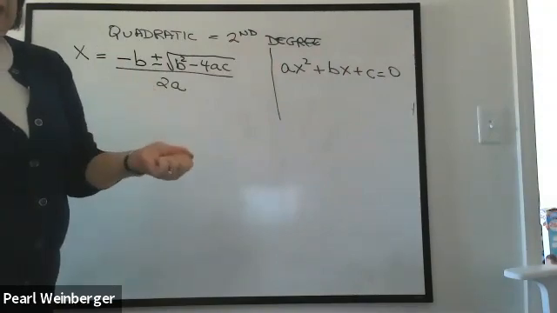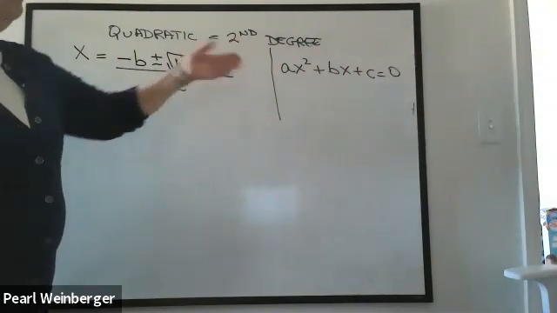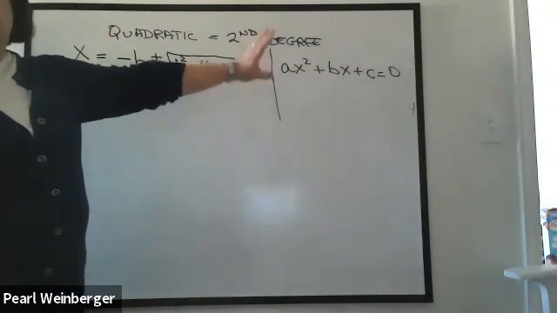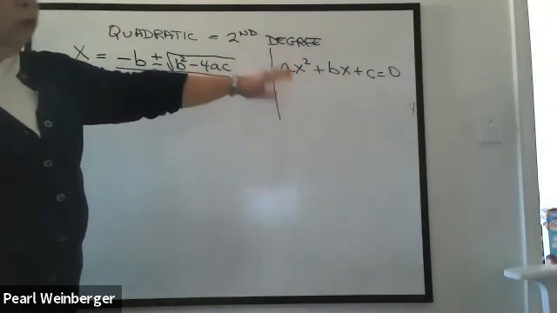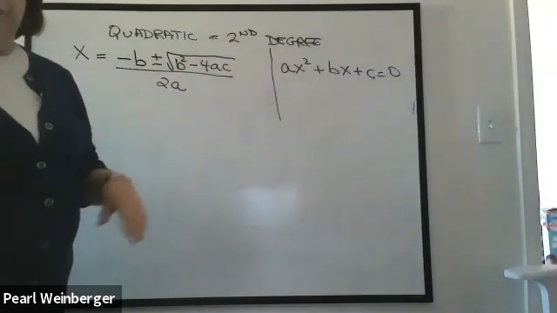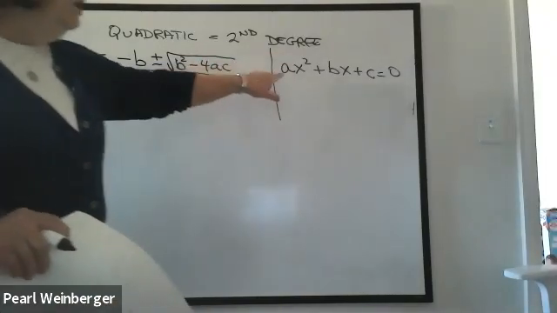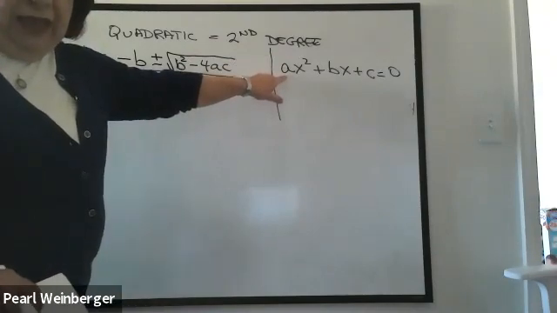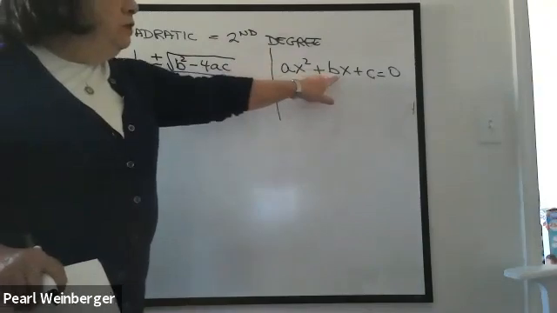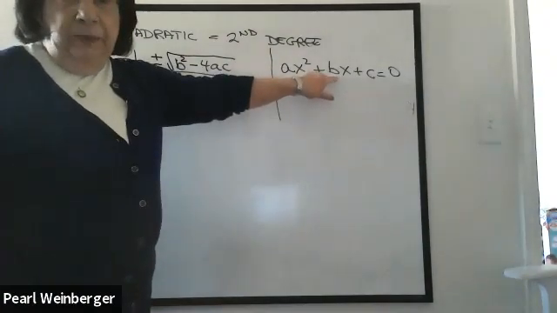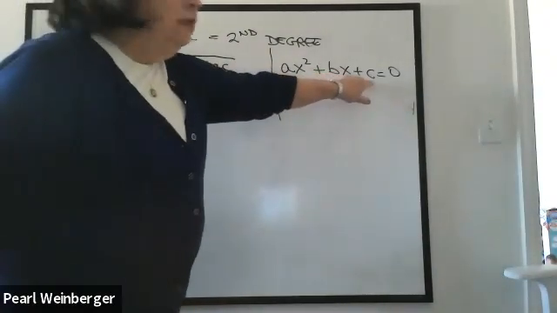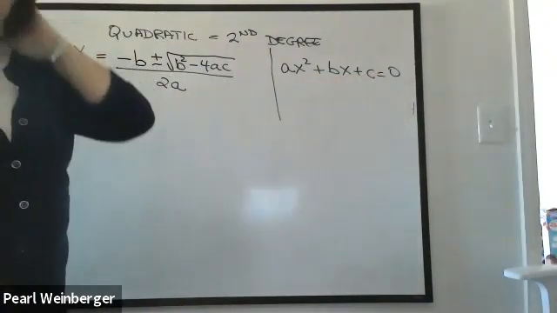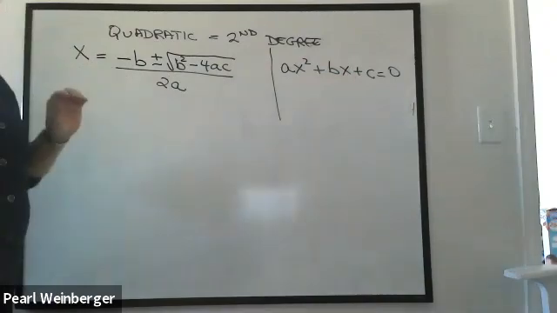That's what's called the standard format. The only time we don't have it is when we want to use completing the square, but we're using the formula method, and that requires us to have it equal to 0. Then the number in front of the x squared is what's called the a. The number in front of the plain x is the b. And the c is the number that stands alone. It's the constant. It doesn't have any x next to it.